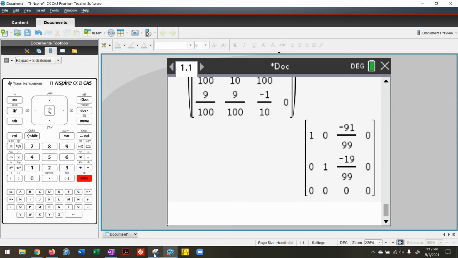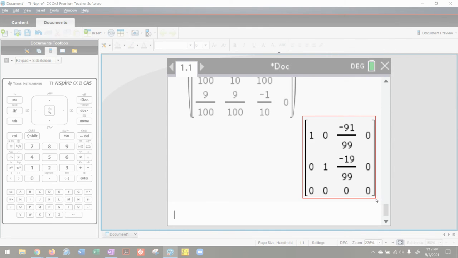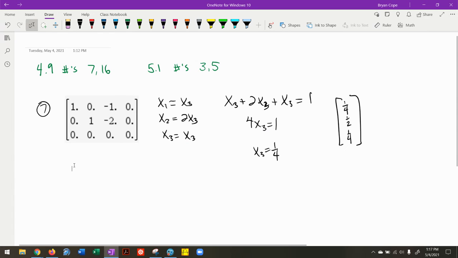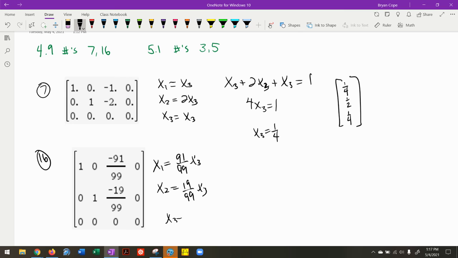That's much better. Okay, so I'm going to pull that over to my other screen, and you'll be able to see what's going on. Okay, so this is number 16, and what we have is that x1 equals 91/99 x3, x2 equals 9/99 x3, and x3 equals x3. So once again, this means that the sum of these things has to equal 1.